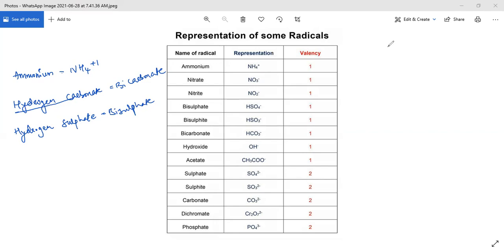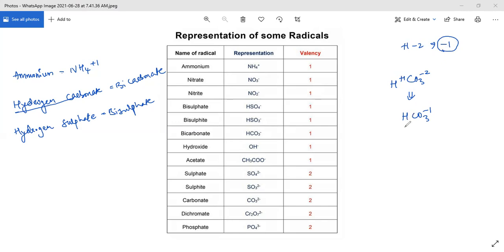What is the carbonate formula actually? CO3 minus 2 is the carbonate. If you add hydrogen to it, H plus, what will come total? HCO3 minus. This is a plus 1, this is a minus 2. If you add these two, overall minus 1 will come.